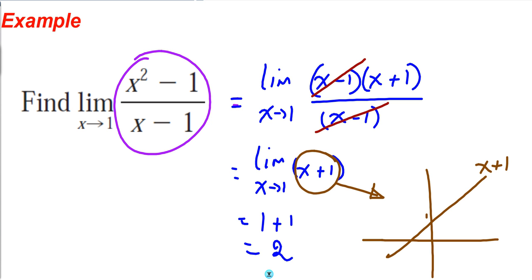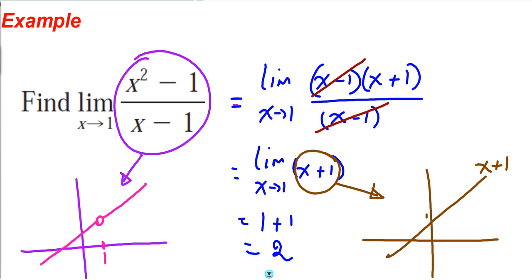But for this function, it is that straight line as well, but the straight line does not exist at 1, so there is a hole at the point 1. Remember, your graphing calculator cannot draw this hole, so you have to just understand the difference between the two versions of this kind of function, if the denominator does not exist when x is equal to some value, or if it's equal to 0 when x is some value.